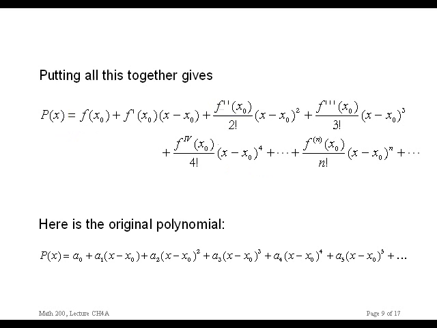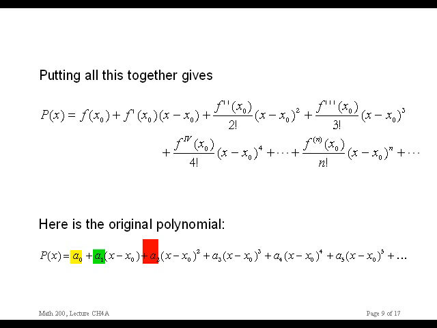Now we're going to put all this together. First, let's look at the original polynomial. There was an a0, then there was an a1, and here's an a2.